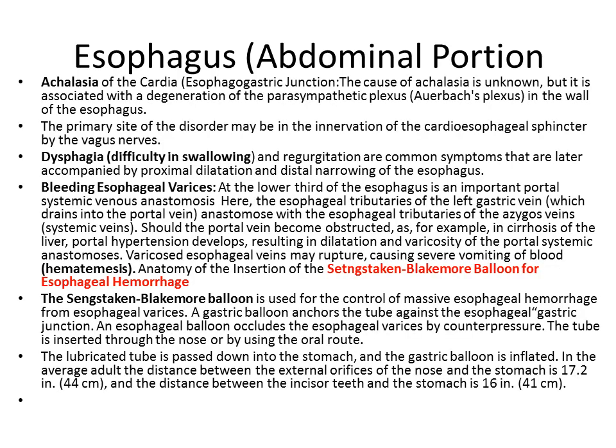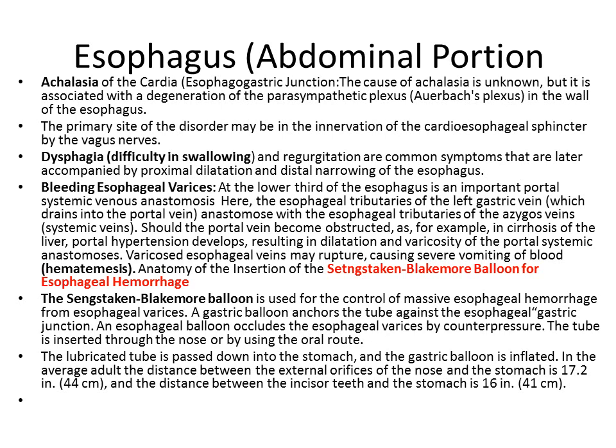Some clinical problems: achalasia of the cardiac esophageal-gastric junction. The cause of achalasia is unknown, but it is associated with degeneration of the parasympathetic plexus in the wall of the esophagus.